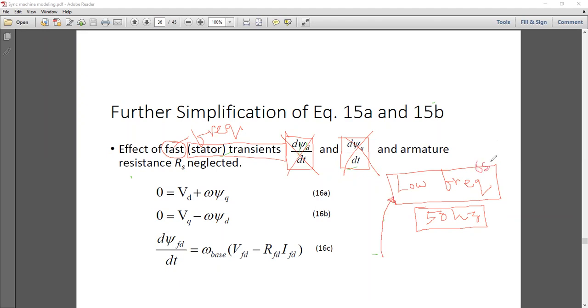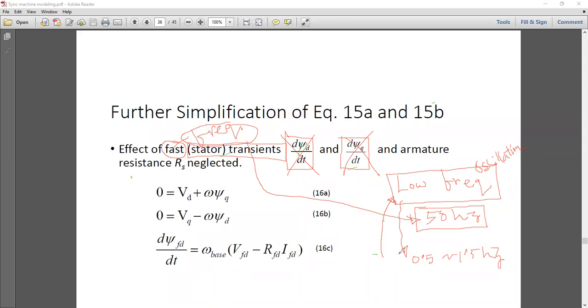The low frequency oscillation is linked with very low frequency, 0.5 to 1.5 Hertz, whereas these fast stator transients are linked with 50 Hertz or even higher frequency.